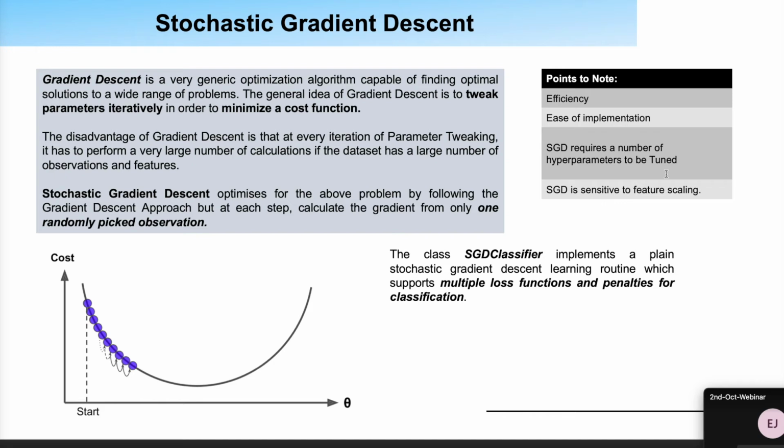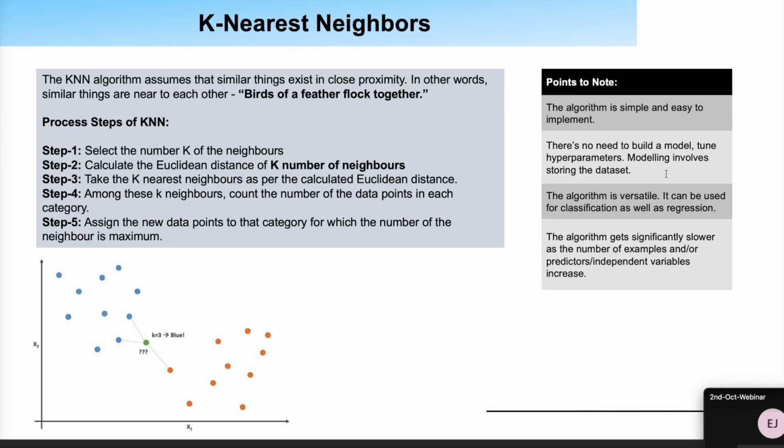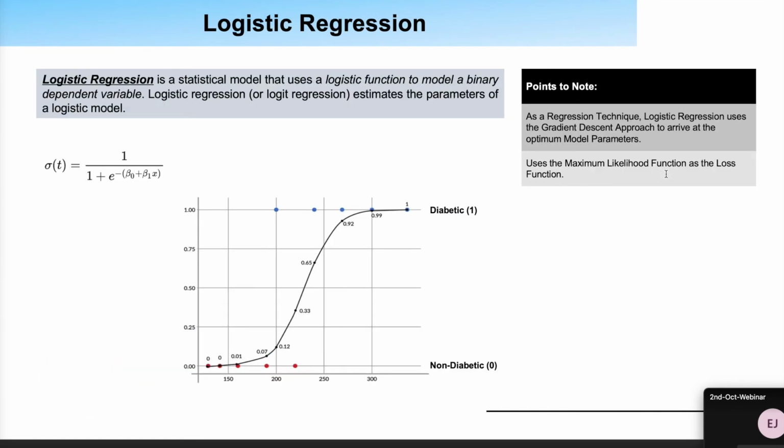So in that case, what gradient descent does is that it starts by using a random set of values for the model parameters. Okay, and what is the set of model parameters in case of logistic regression? The model parameters are beta 0, beta 1, and if you have more predictor variables, beta 2, beta 3, beta 4, etc. These are the model parameters.